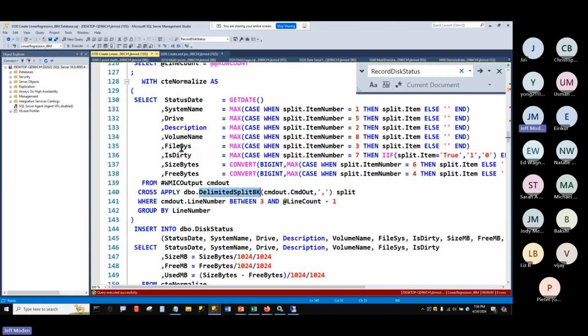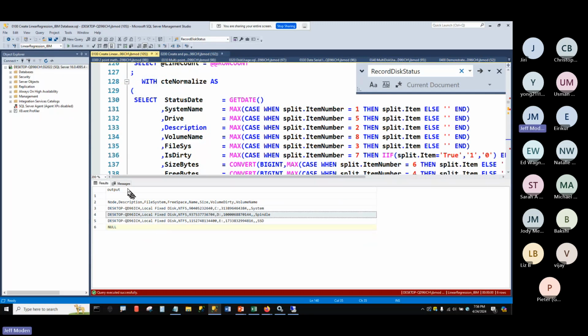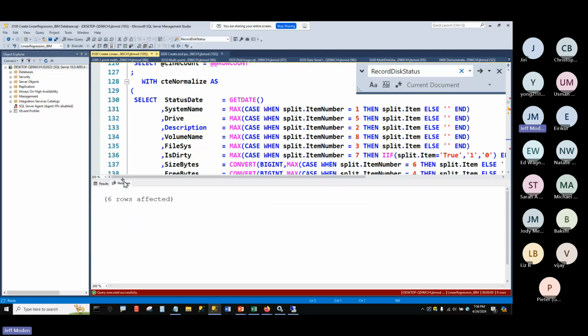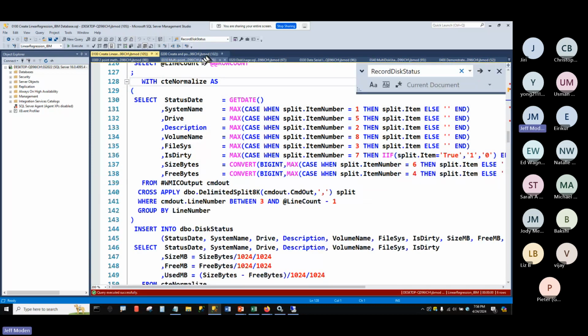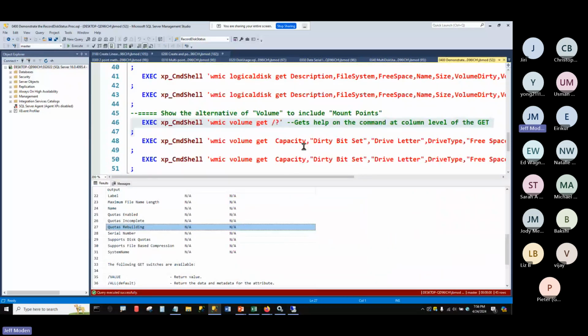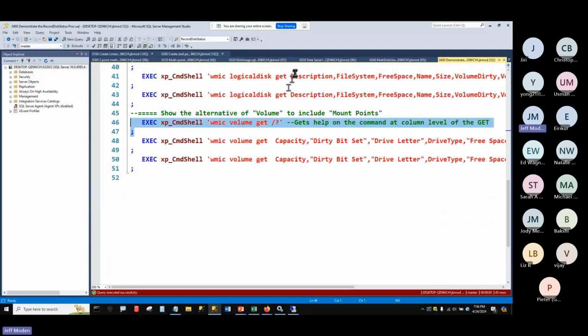But the limited split 8K is built when we build this database. If you look, I don't have it here, but it said, yeah, I'm building the limited split 8K for you. So it's all there. Now let me get back to script 400. And I think we're done there.